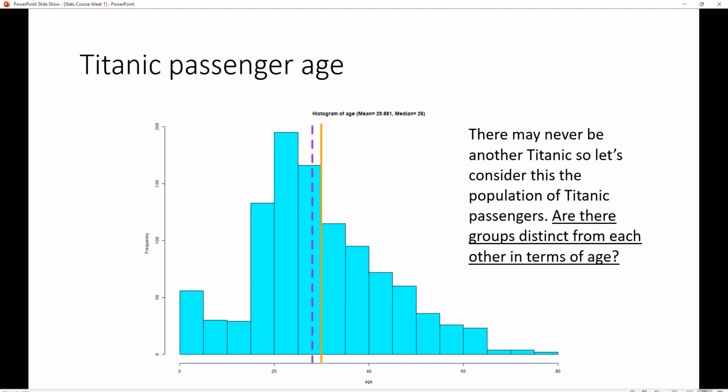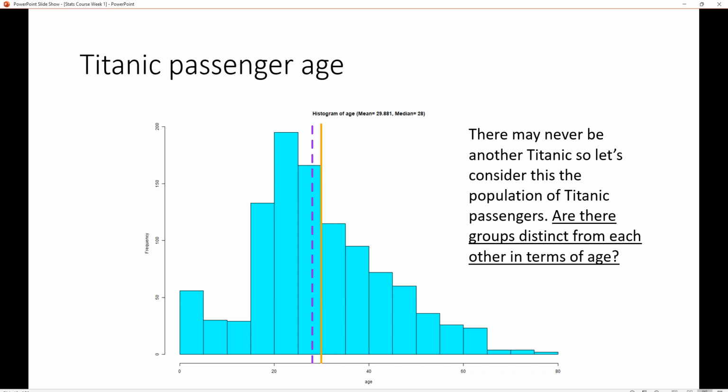For this example, we're going to look at the Titanic passenger age. We have a histogram of the age of our passengers, and we have two vertical lines. A dashed purple line represents the median of 28, and an orange vertical line represents the mean of 29.881.